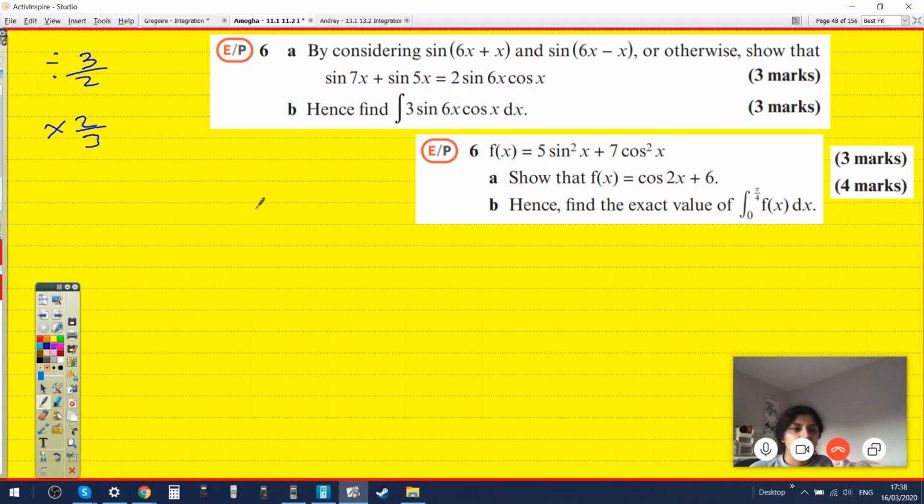Oh, so you just do... Wait, what? Oh, 3 times 2/3 gives you 2. So you can just put 2/3 outside of the... Yeah, there. And then you can just do... But that wouldn't be right.